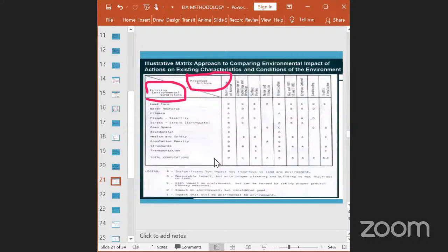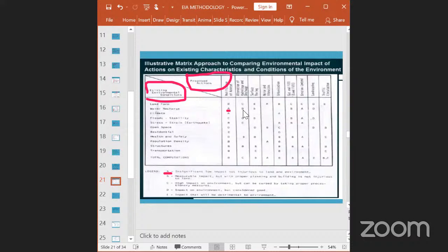So here the alphabet is presenting some different conditions or different impacts, like you see the A letter, right? This A letter is displaying insignificant low impact, not injurious to the land and environment, right?